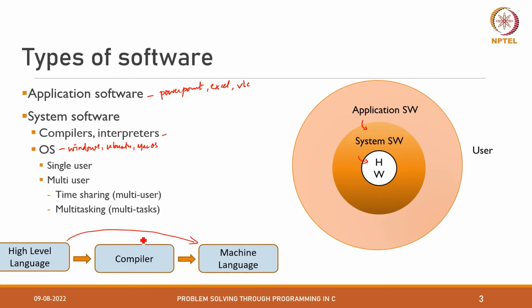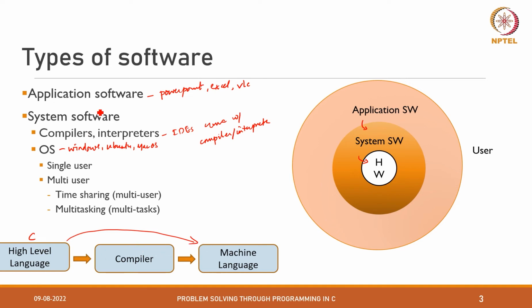So all the software IDEs come with a compiler or interpreter, because whatever we write, say in C, we write the code in a high level language, and that has to be converted to a machine level language by some software, that is a system software, which is a compiler.